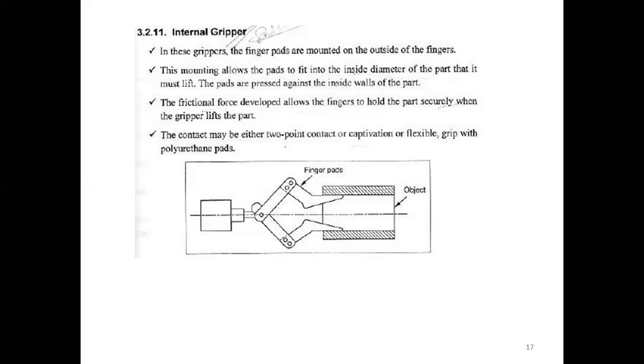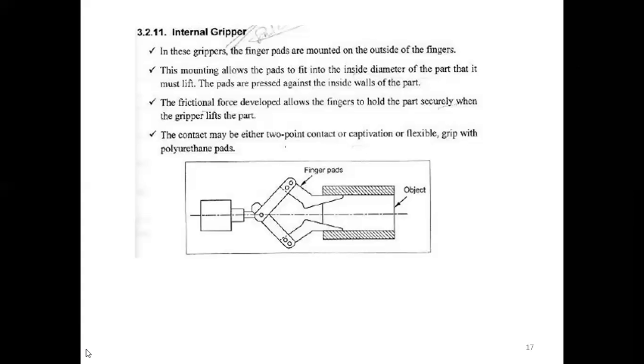Why is it needed? For most objects, we need to make contact on the external surface. If you pick a hard material, we need to use the outer surface. That is external. Using an external gripper, we can get the objects.